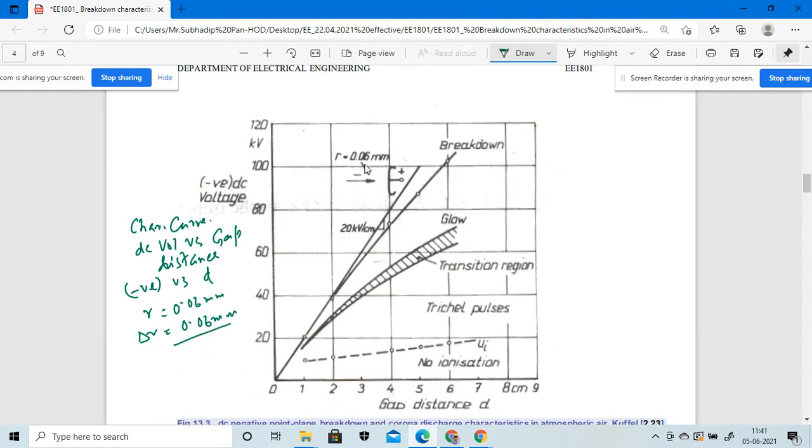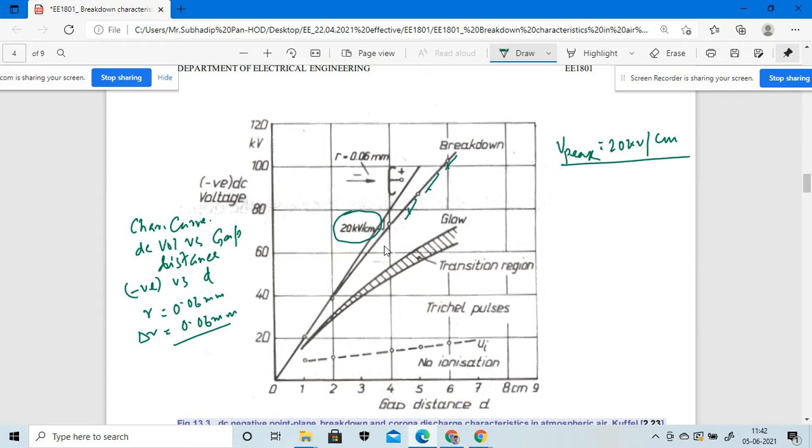For that case, what will my breakdown be and how will this breakdown take place? Due to this breakdown, what will my V peak be? That should be 20 kV per centimeter. This will be the breakdown characteristics.